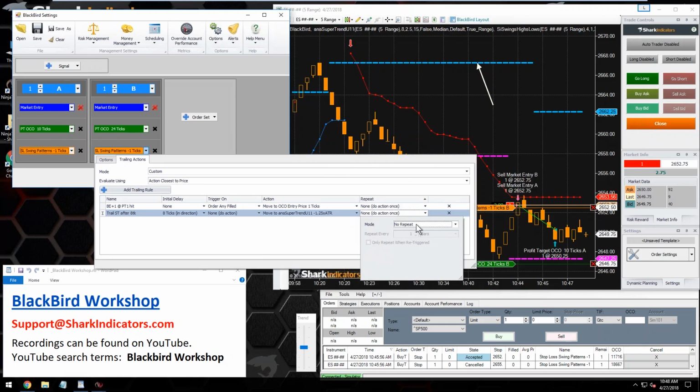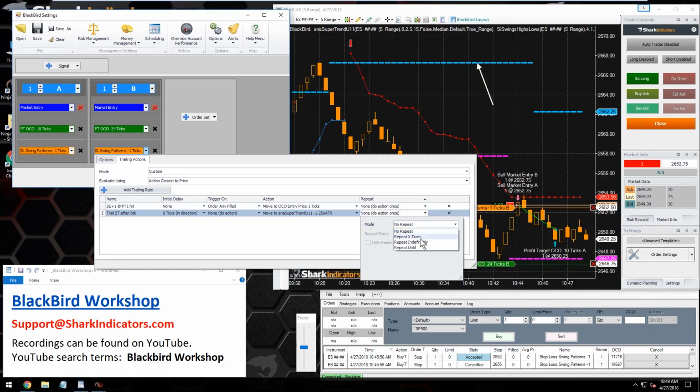Here's a little unique tip. Let's say we only want the second stop loss to trail the super trend until it moves to break even, and then we don't want it to trail the super trend anymore.